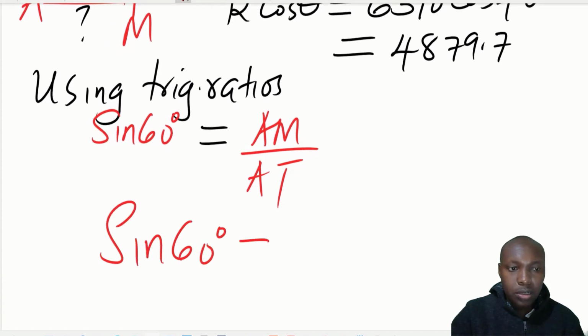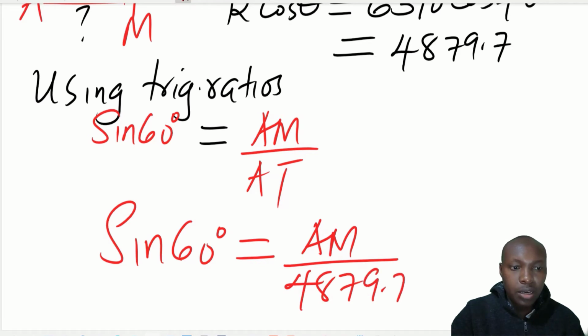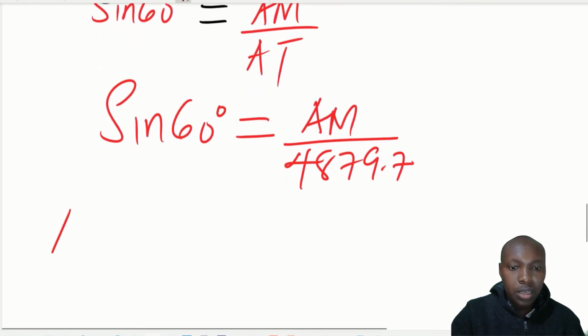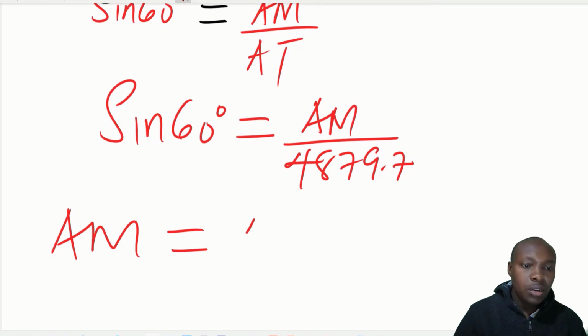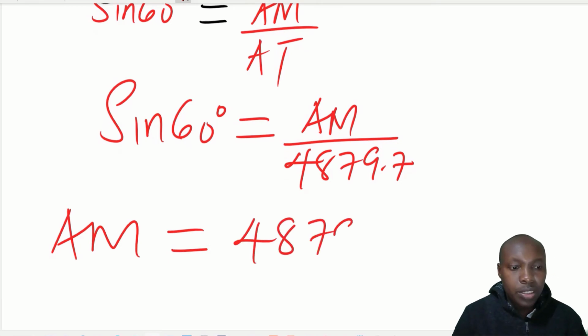We have AT as 4879.7 kilometers. So we multiply both sides by 4879.7 and we get AM as 4879.7 multiplied by sine of 60.